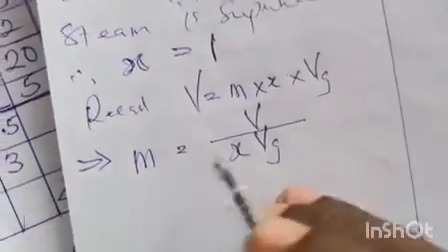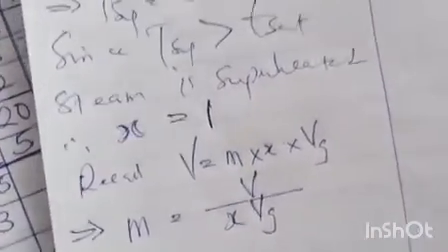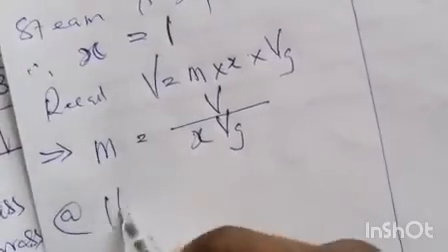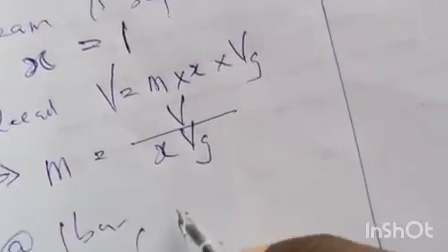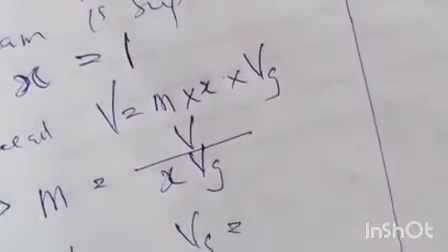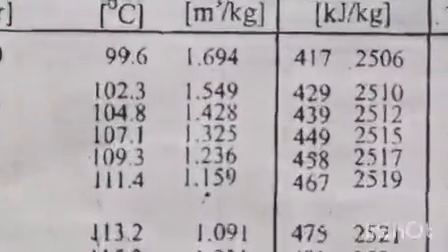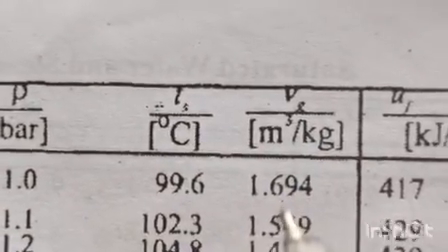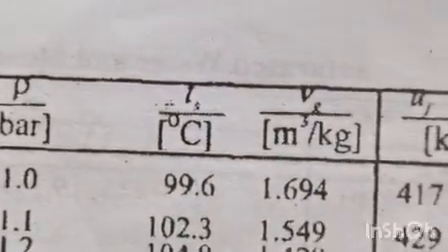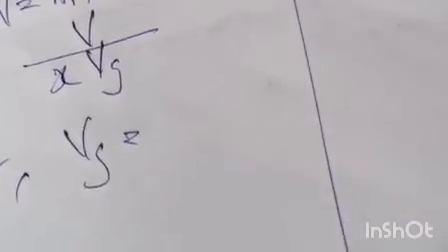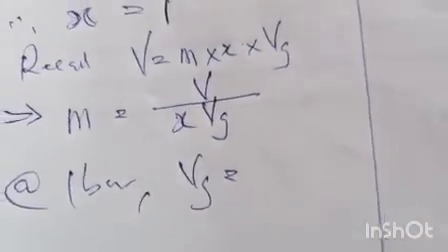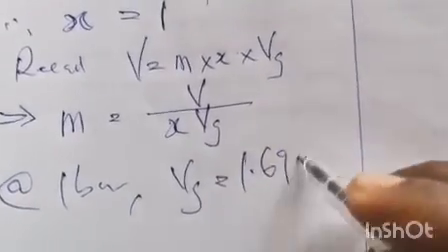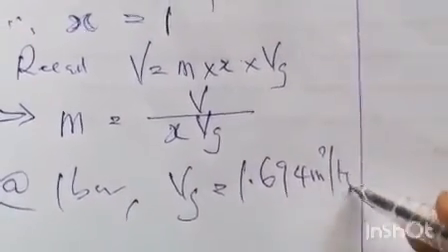So now we obtain Vg at 1 bar from saturated water and steam. Vg is 1.694 meter cube per kilogram.